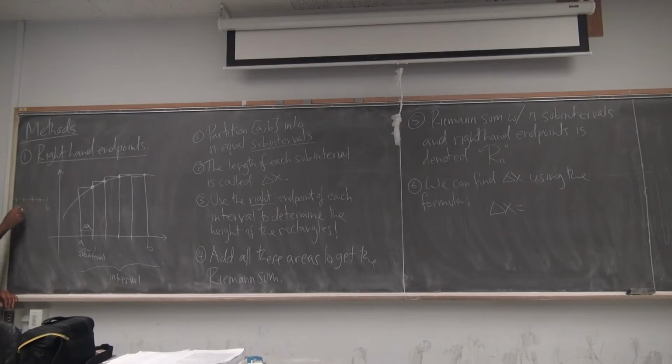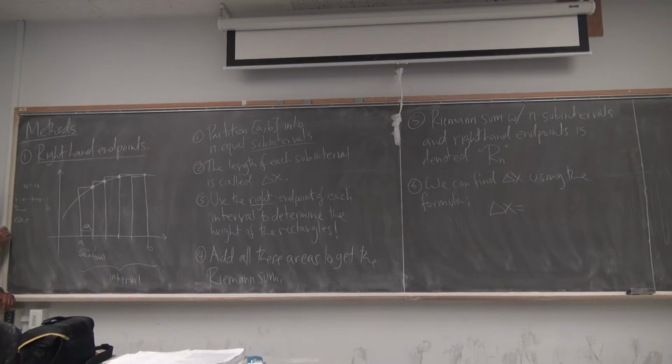What is the length of the first subinterval? The distance between A and B divided by 4, exactly. That's when n is 4, right? So what will be the formula in this case? If n equals 4, then delta x would be?